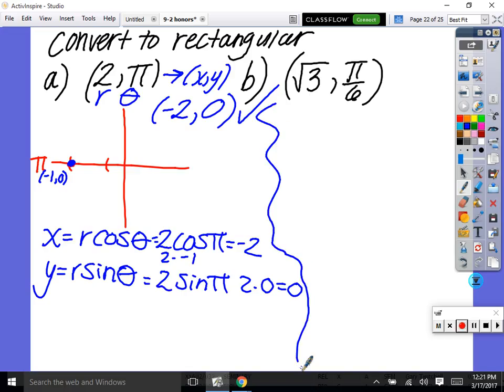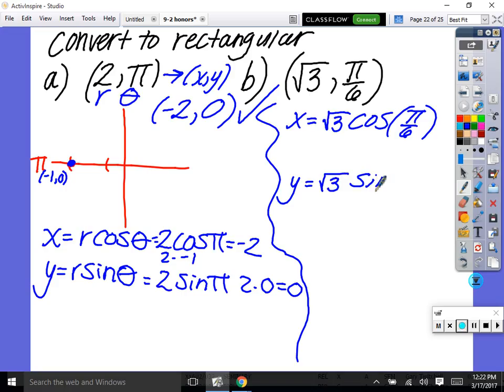So converting this, so here we go. So this one's polar. We're converting it to rectangle. So you'd say x is equal to r, which is root 3, and then cosine at pi 6, r theta. And then y is equal to root 3 sine at pi 6.